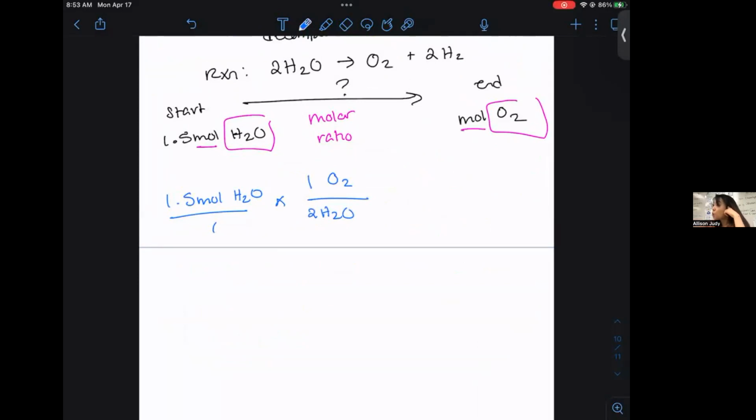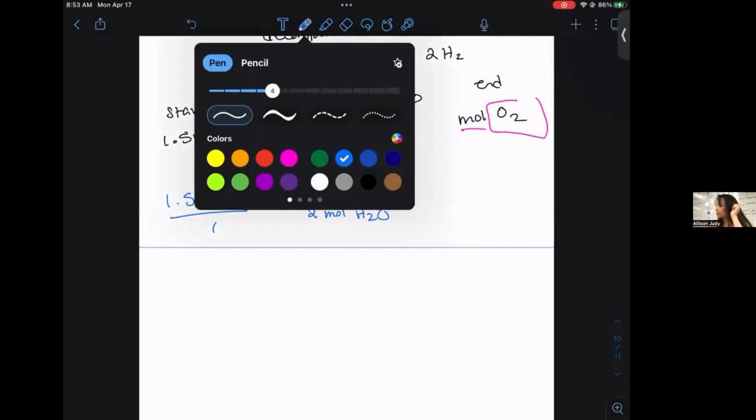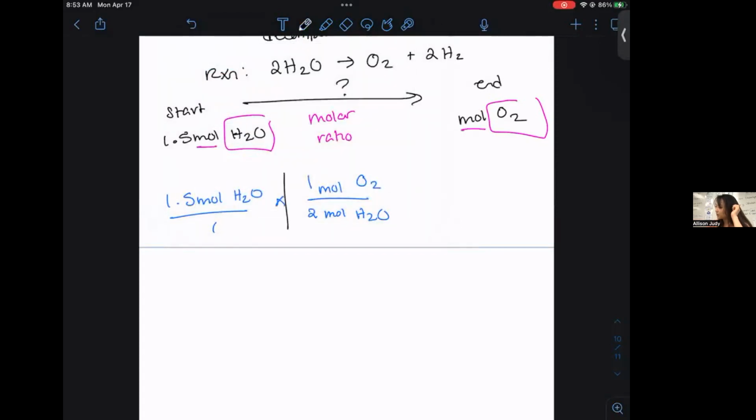Okay, 1 mole of oxygen is made for every 2 moles of water decomposed. And here, maybe I'll even write that to help you guys a little bit more. For every 1 mole of oxygen, I consumed or decomposed 2 moles of water. And that ties directly to my balanced chemical equation. That's the standardized relationship between these 2 chemical species.